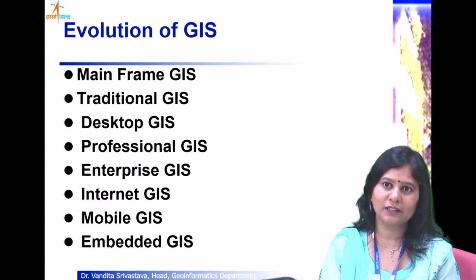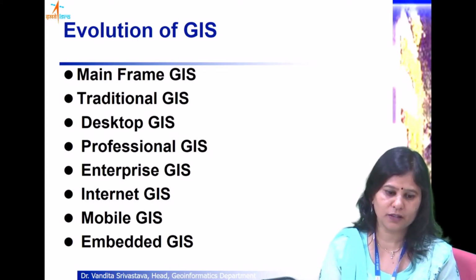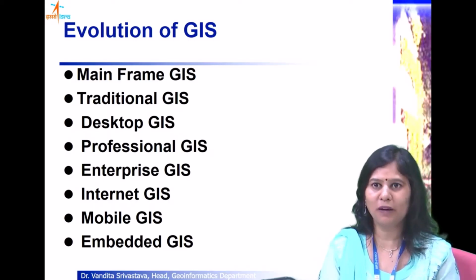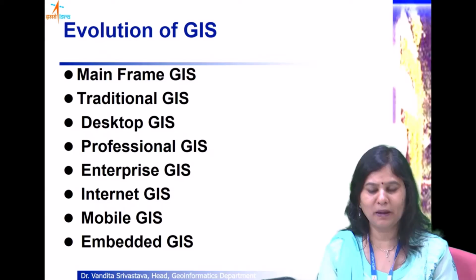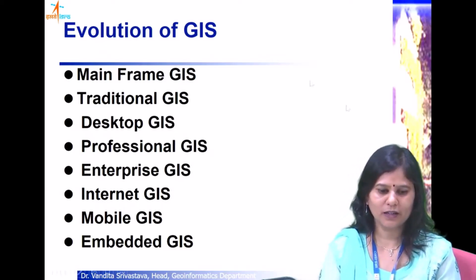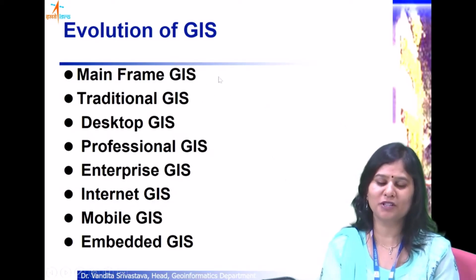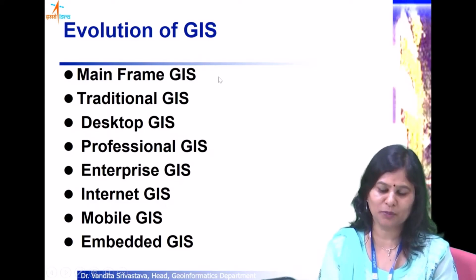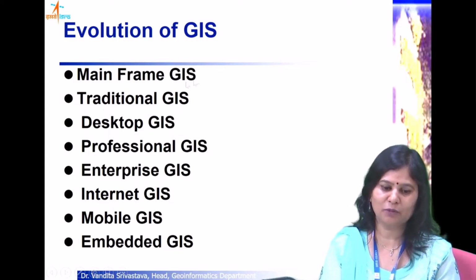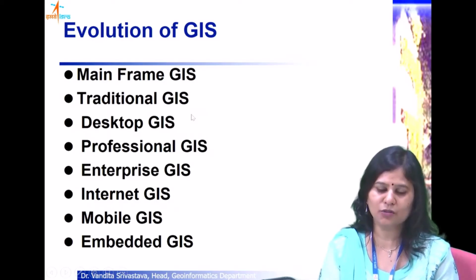After that, slowly GIS evolved, and GIS initially was in a very huge size called mainframe GIS, wherein it used to be the size of a room. From then on, development in computer technology also happened, and as the computers were miniaturized, made smaller and smaller, we came to traditional GIS software, which was workstation based, still somewhat huge systems.